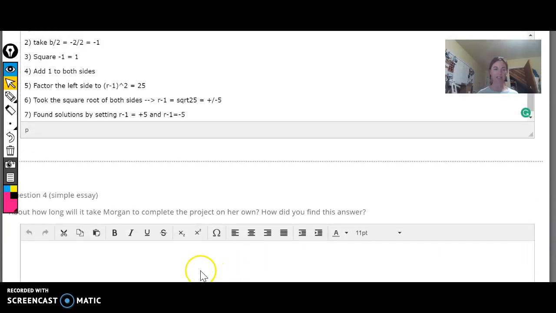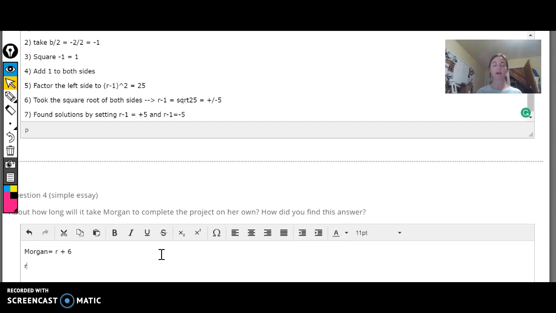All right, now the last question. How long will it take Morgan to complete the answer on her own? Remember, Morgan equals r plus 6. Okay, well, we have 2 answers for r. We have a negative 4 and we have a positive 6. Negative 4 can't work because we can't operate in negative time.